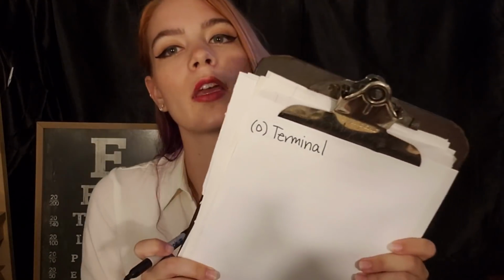They are extremely important, and there are 12, although sometimes 13. However, we don't generally count 13, but 12. So, let's see here first. Is the 0, and our 0 is going to be the terminal nerve.